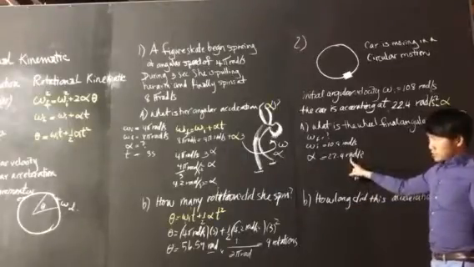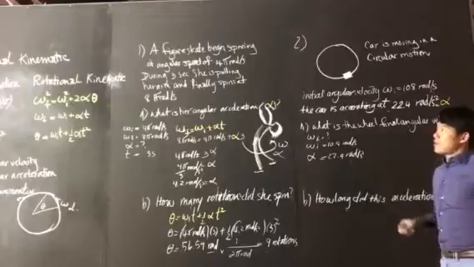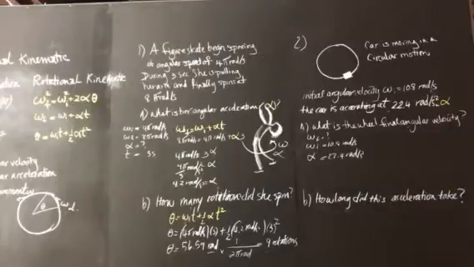So for this equation, you're going to go back and look at the 3 different equations that you have. You see what else you have. You have the acceleration, you have the initial velocity.